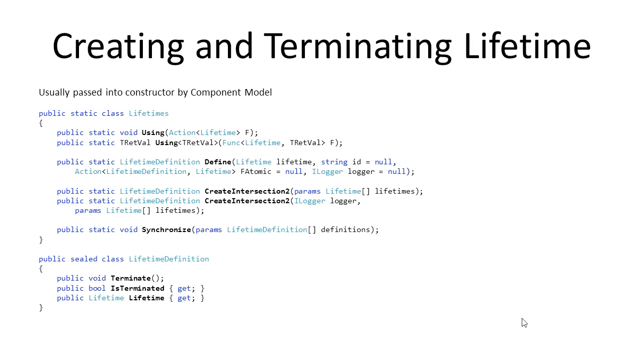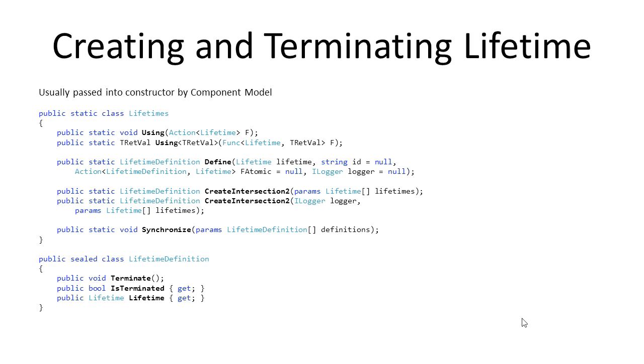That just has a simple method called terminate, which will terminate the lifetime itself, and that means that any callbacks registered will get run. You also got a flag to see whether or not it's been terminated and access to the lifetime itself. The definition and the instance of the lifetime are kept separate, so that when you pass in a lifetime to a child object, that child object cannot terminate that lifetime by mistake and make a mess of everything.